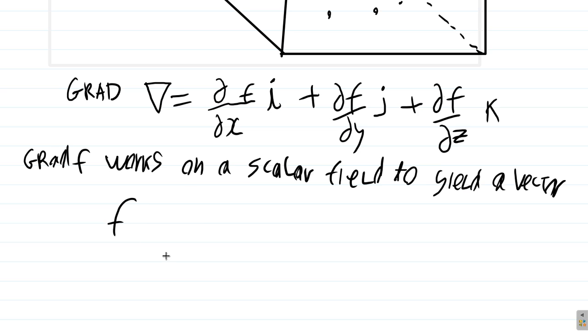So this is a function of x, y, and z. Alright? No i, j, or k in it. It must be a scalar. So the grad, and you would have seen this before when we were doing directional derivatives, right? In previous videos. The grad of a scalar function will yield this vector function. Right?